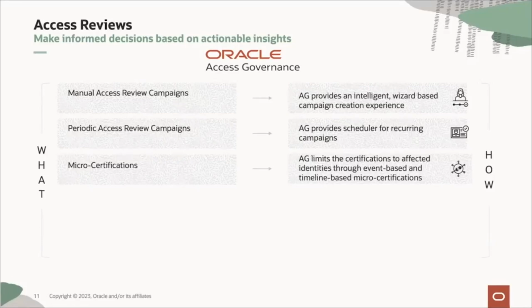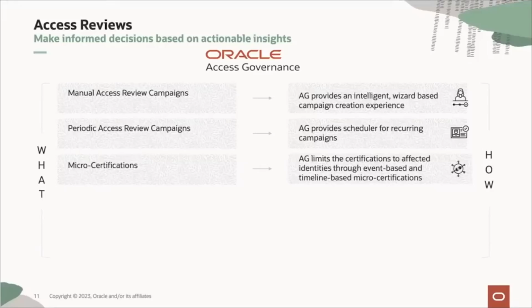So that's where micro certifications are introduced as part of access governance, where only the users who are affected will have to go through a certification process. For example, in previous releases we had event based, where if a user changes a team, cost center, department, or location, then they can be forced to go through a certification cycle.